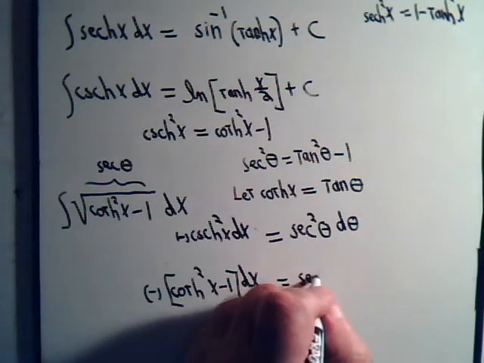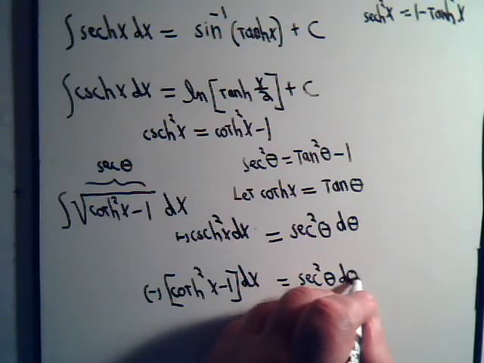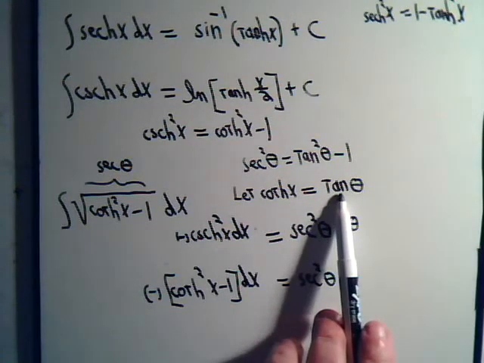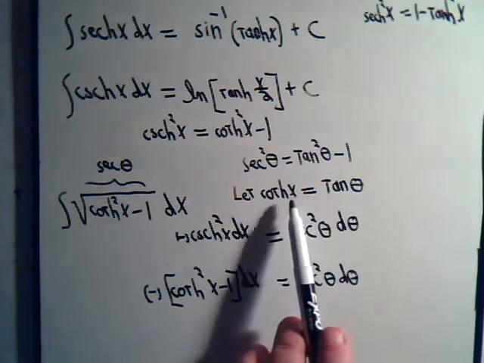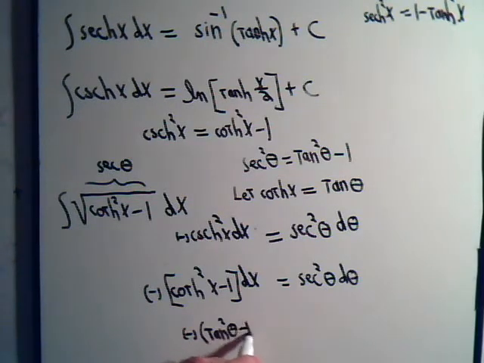It equals the secant squared of theta d theta. With the hyperbolic cotangent squared of x, that would be the tangent squared of theta. We made that substitution here. So over here we would have minus tangent squared of theta minus 1 times dx.